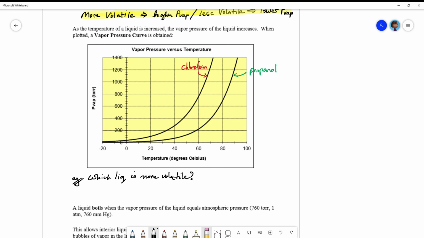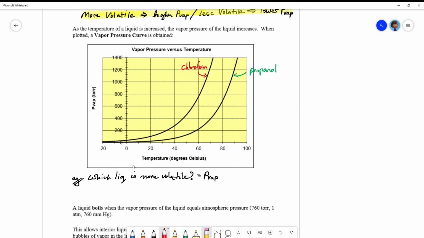Does a more volatile liquid have a higher vapor pressure or a lower vapor pressure at a given temperature? Well, it's going to have a higher pressure, so higher PVAP. All we have to do is pick a temperature, any temperature you want. So let's pick a temperature of, say, 40 degrees Celsius.